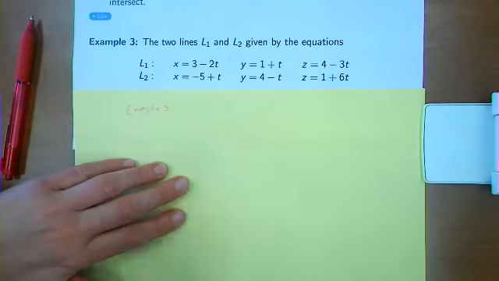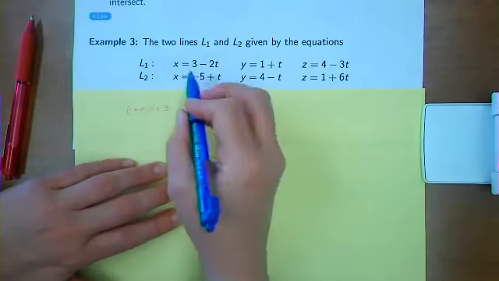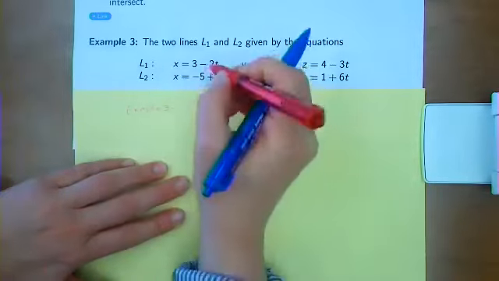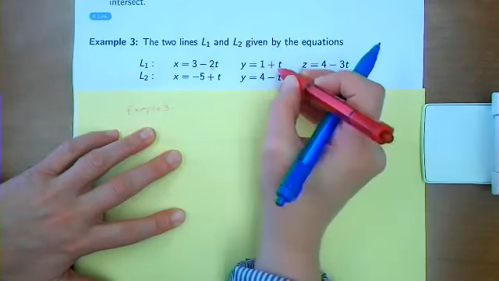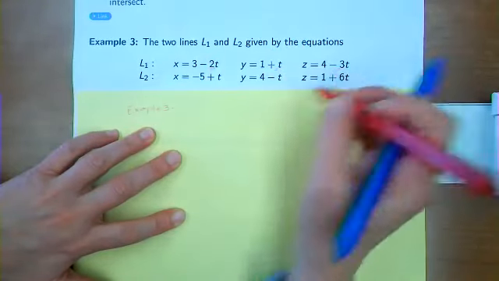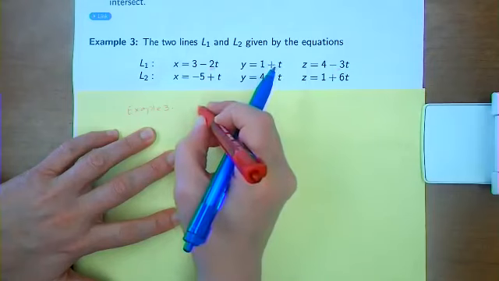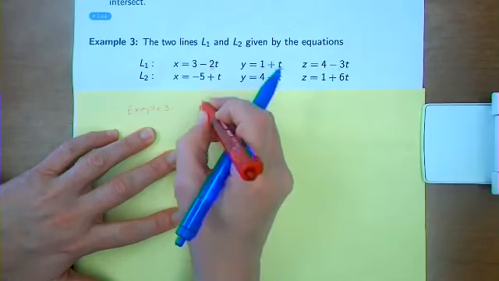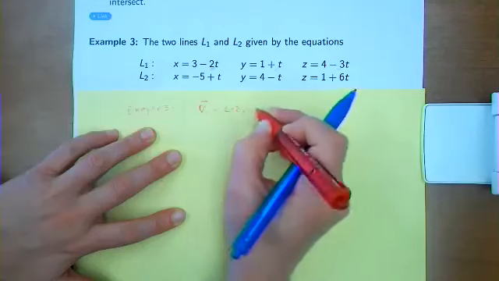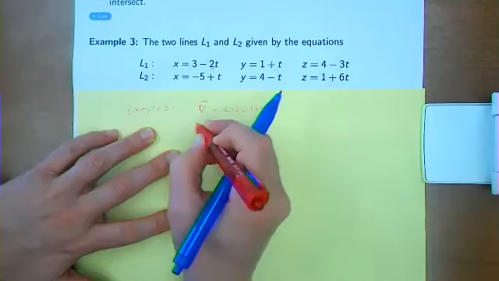So the first thing that I do is to figure out the direction vector. Here is the direction vector for the first one. What multiplies t? So L1 comes with V1, which is -2, 1, -3.